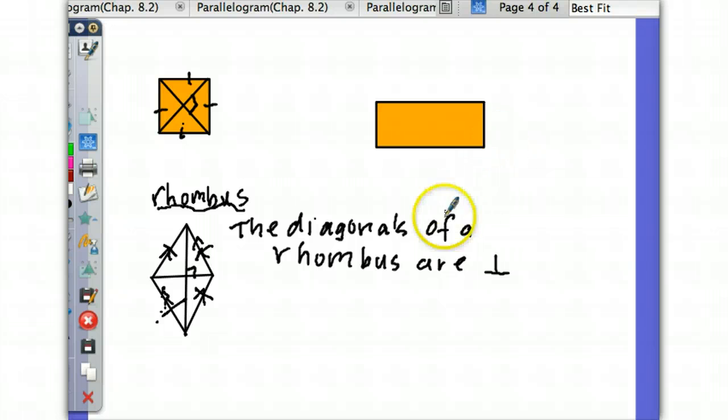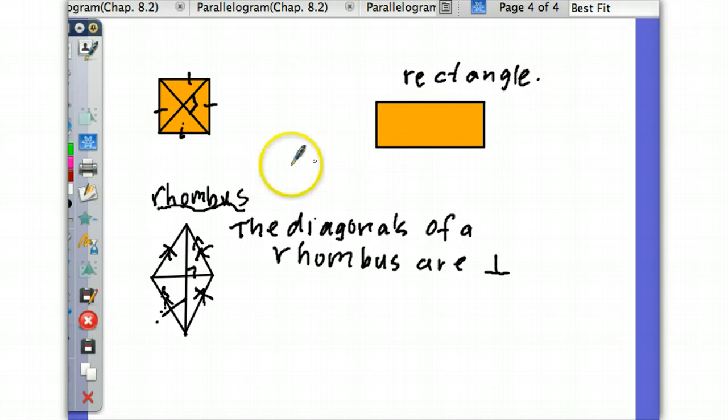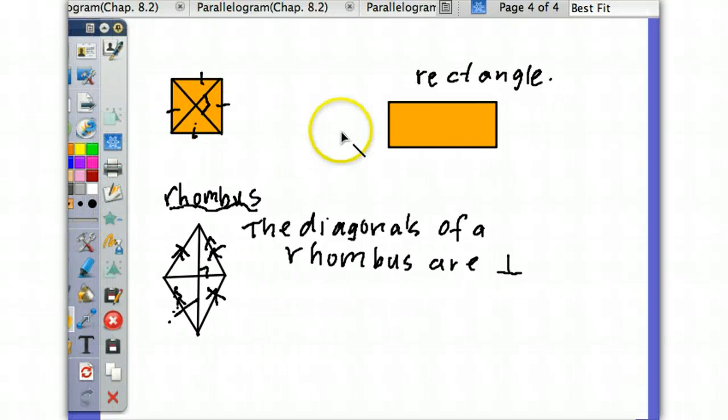You might say, well, isn't that true for all parallelograms? Not really, because take a rectangle. Let's say we have a rectangle here. I would draw the diagonals for a rectangle.